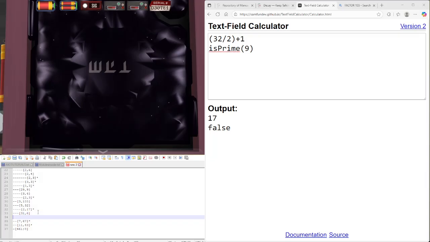Which gives us 17, which is in fact prime. 6 gives us 2 and 3, which then is 2, 4, and 3, 3. That's prime. 7, but then it becomes 2, 3.